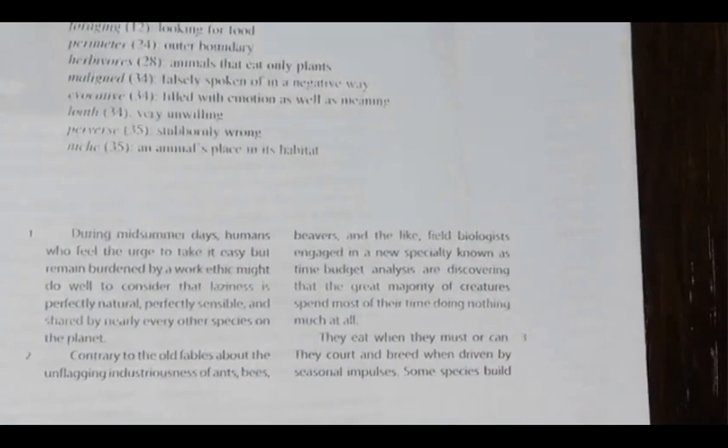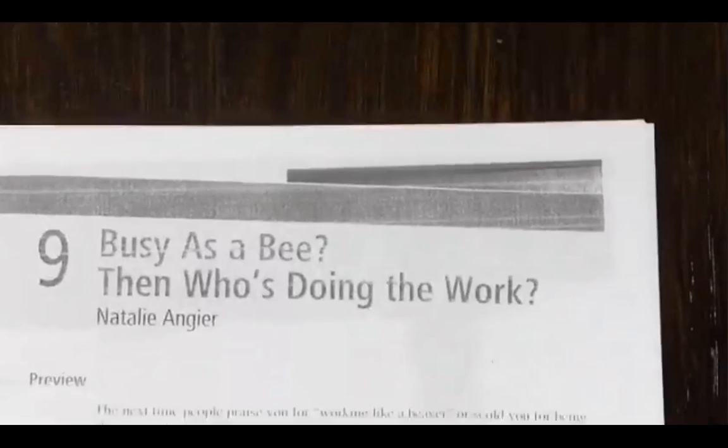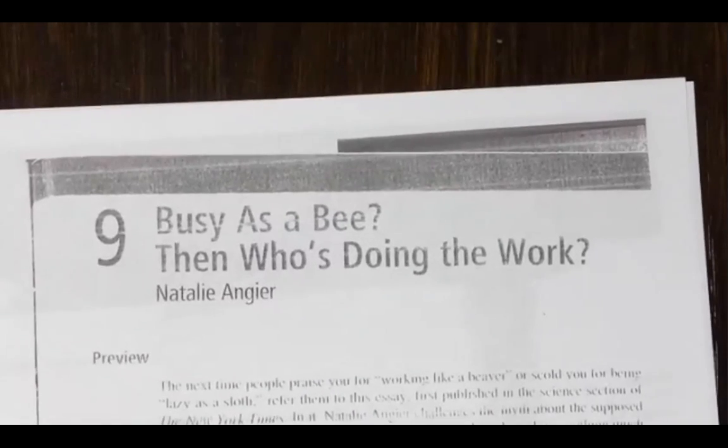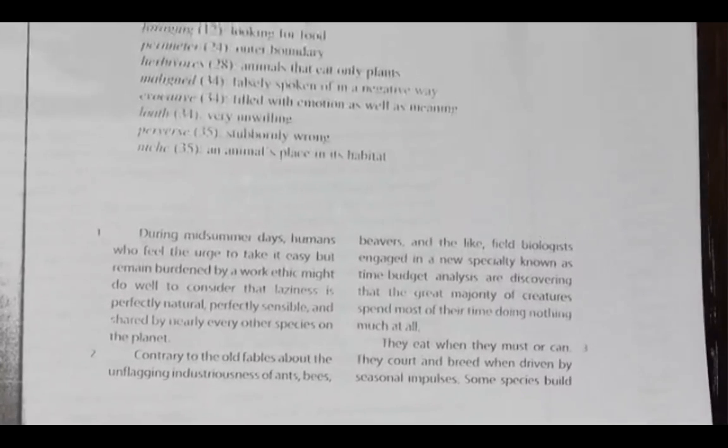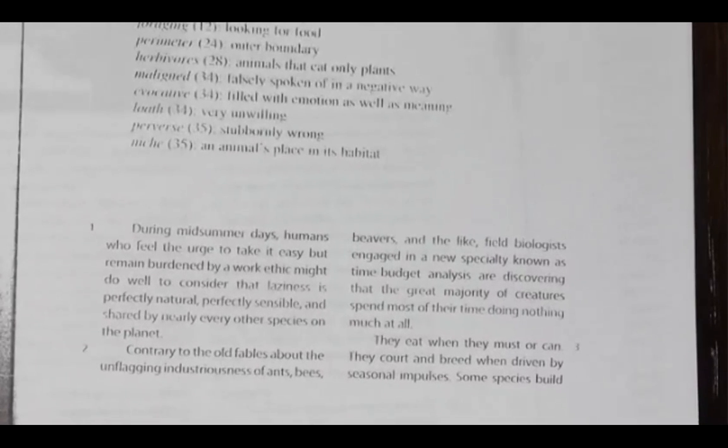All right. So this is called Busy as a Bee. Who's doing the work, right? And it's going to start on this page, and there's a couple of things. What I'm going to be asking you to do while we're doing this is pull up your patterns of organization cheat sheets. Do you know what I'm talking about?